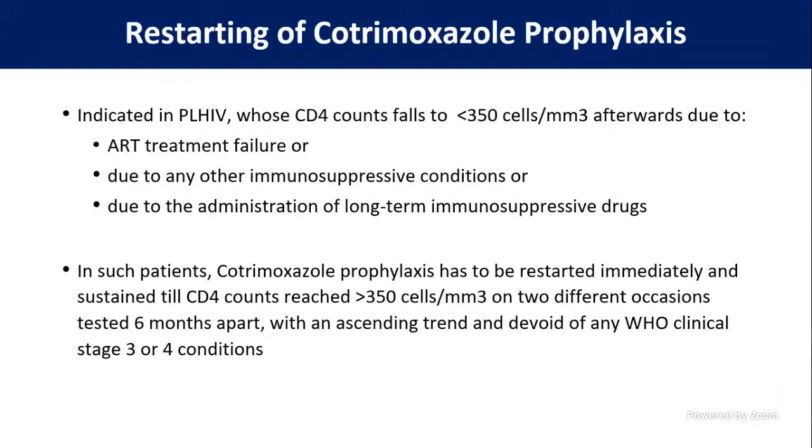If the patient's CD4 again falls below 350, we need to reinitiate it. We usually encounter this in times of treatment failure, or due to any other immunosuppressive agents or conditions that the patient concomitantly has. In those patients, the initiation, the dosing, and when you discontinue, everything remains the same. Okay, next slide.